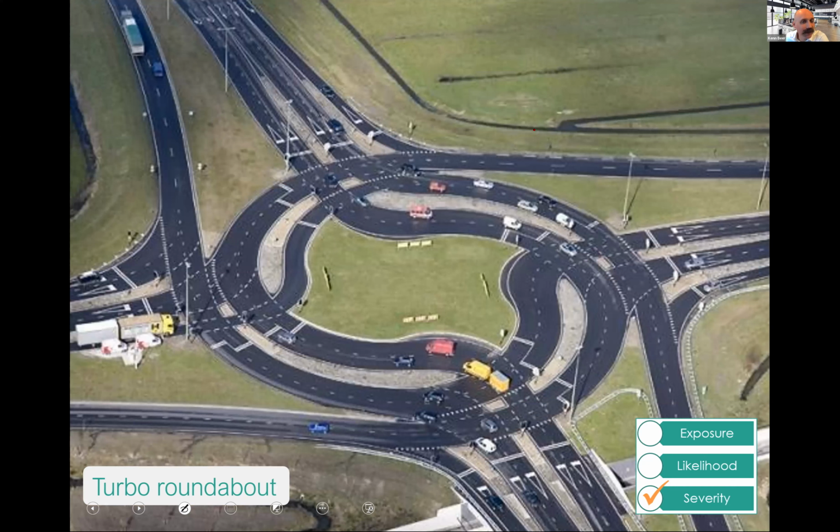Yes. How do you rate exposure, likelihood and severity to pedestrians and cyclists when considering roundabout versus signals? Likely a different outcome than just car to car. Yeah. So certainly within a safe system assessment, pedestrians, cyclists, motorcyclists have their own exposure category, likelihood category, and severity category.